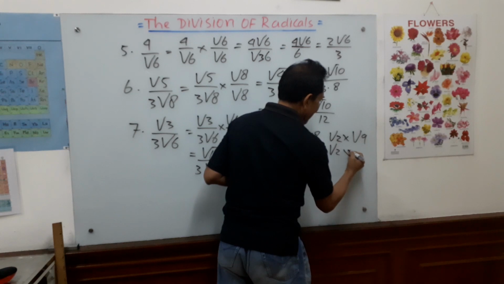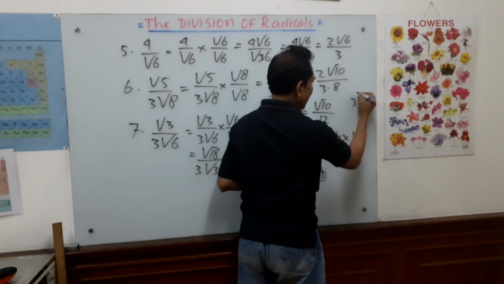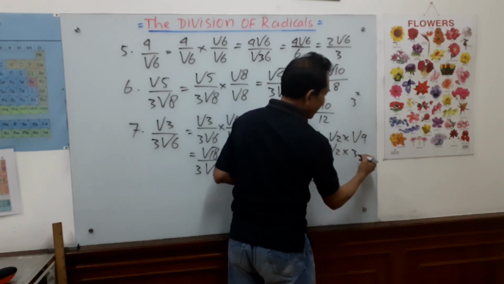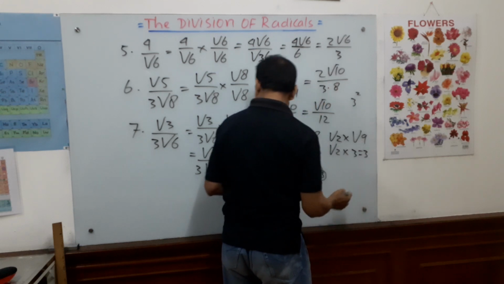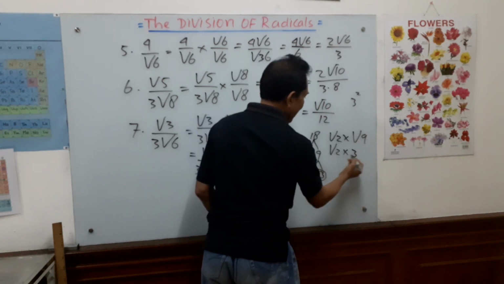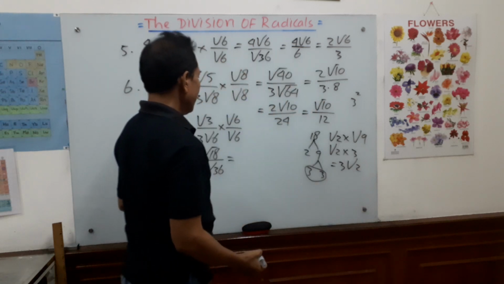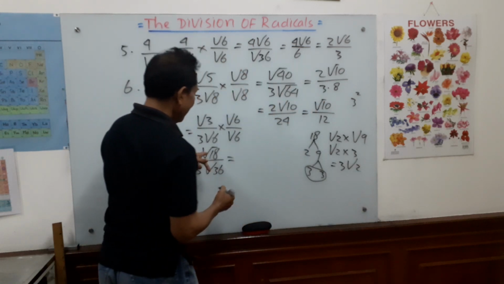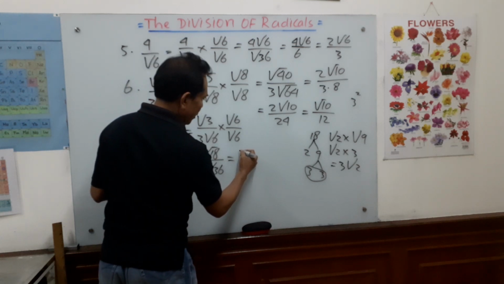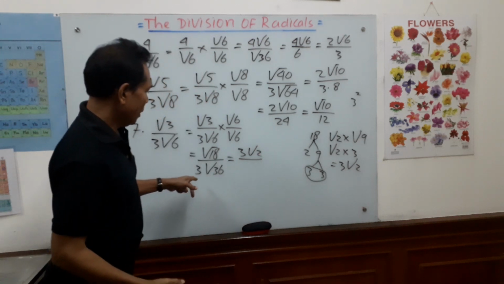So square root 2 times square root 9, which is a perfect square, is 3, which comes from 3 squared. So square root 2 times 3 equals 3 square root 2. So your answer for square root 18 is 3 square root 2.